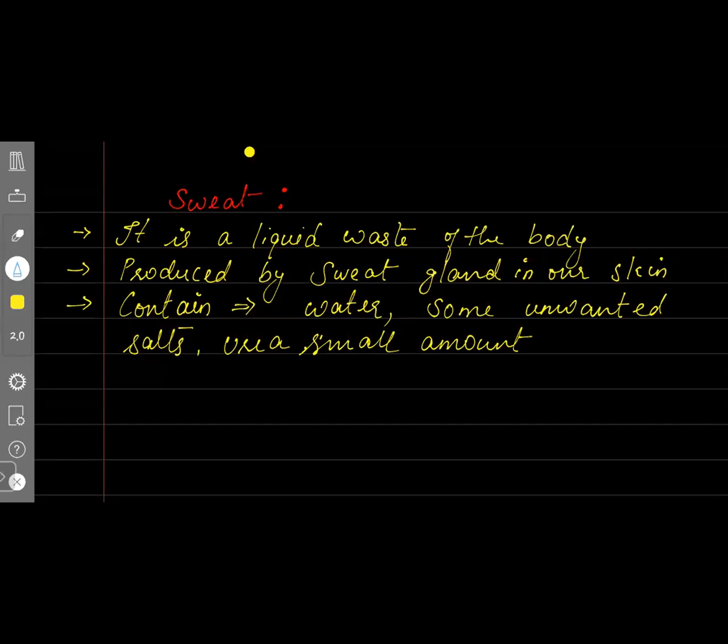So there is a different process. All this you'll learn only in 11th standard, chapter number 18. If you are interested, you can take the bio group in 11th standard, then you will learn in detail why the mouth has urea, why our sweat gland has urea, why the kidney is removing urea. So a small amount of urea will be there.